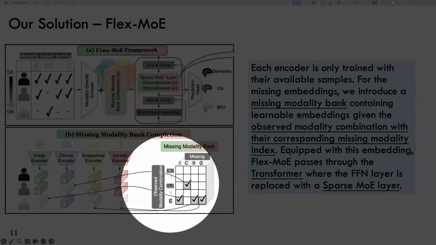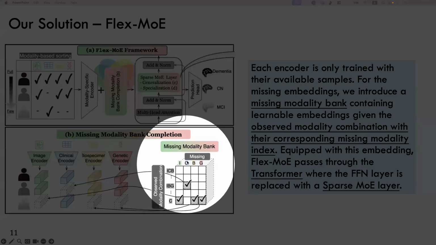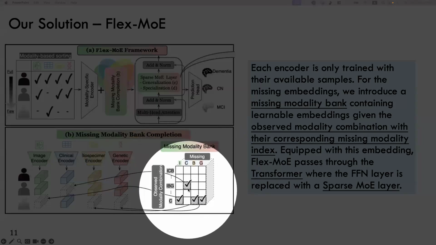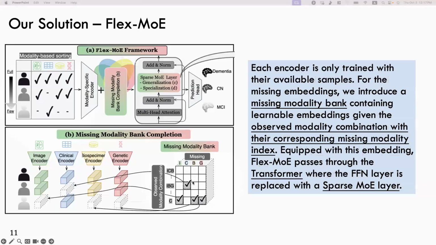And IBG means the clinical notes modality is missing, and we will create another embedding to learn in these scenarios. In this way, we create a memory embedding bank, where each row corresponds to one missing modality scenario, and within the columns we put one learnable embedding to fill in the missing information for all the patient samples in a data-driven way. Okay, this is the second design.